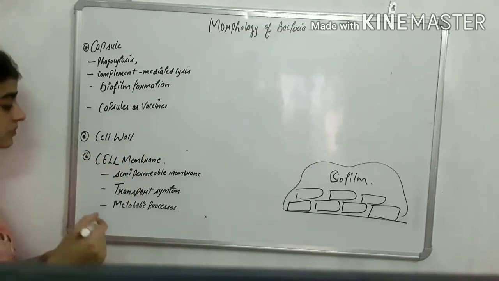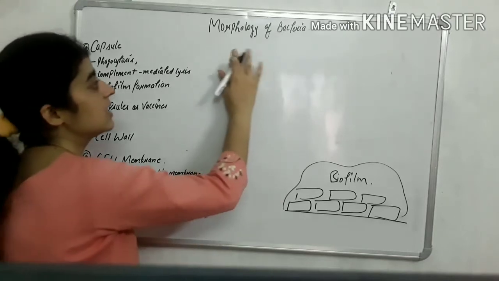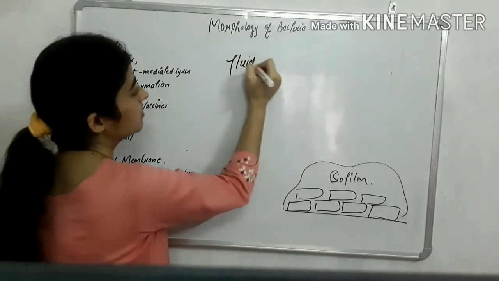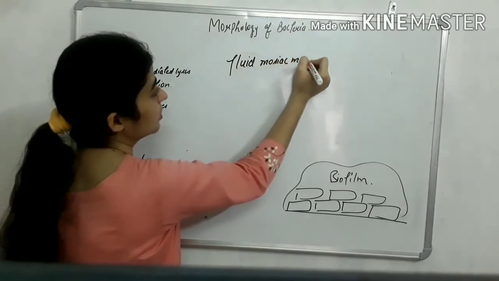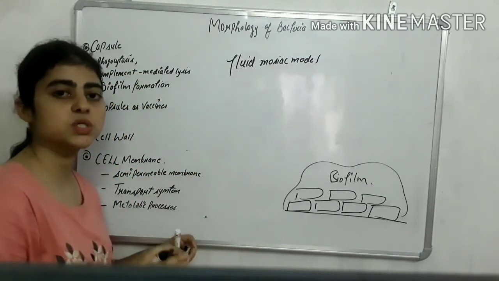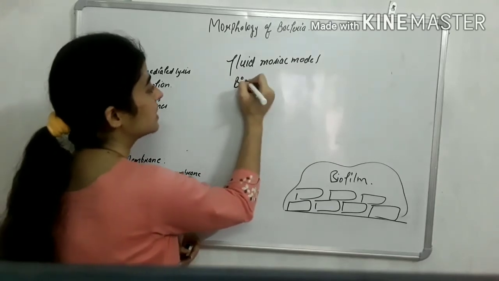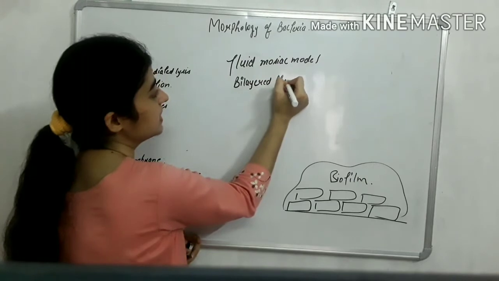The cell membrane or plasma membrane is explained with the help of the fluid mosaic model. This model says that the plasma membrane is composed of bilayered phospholipids.